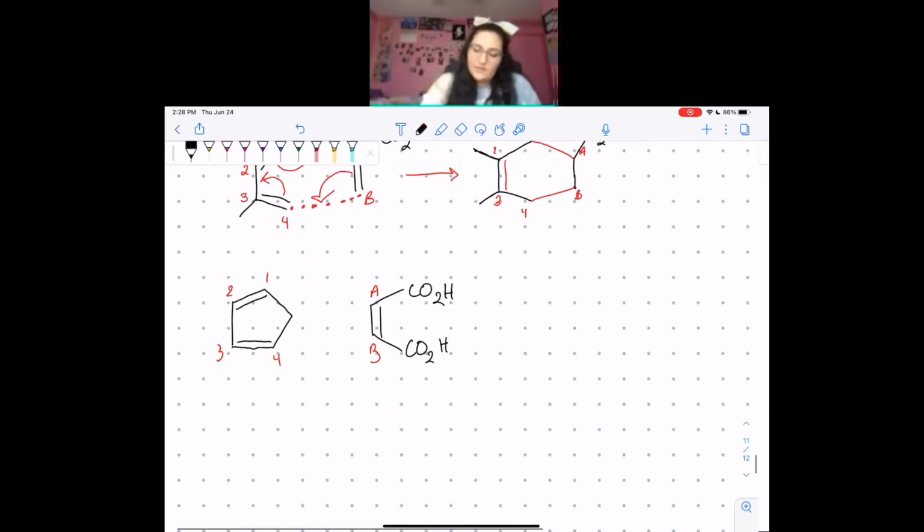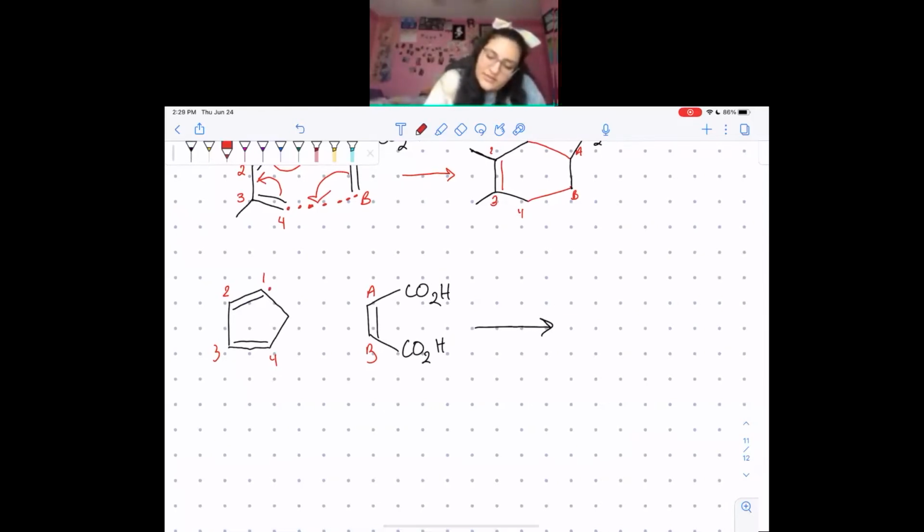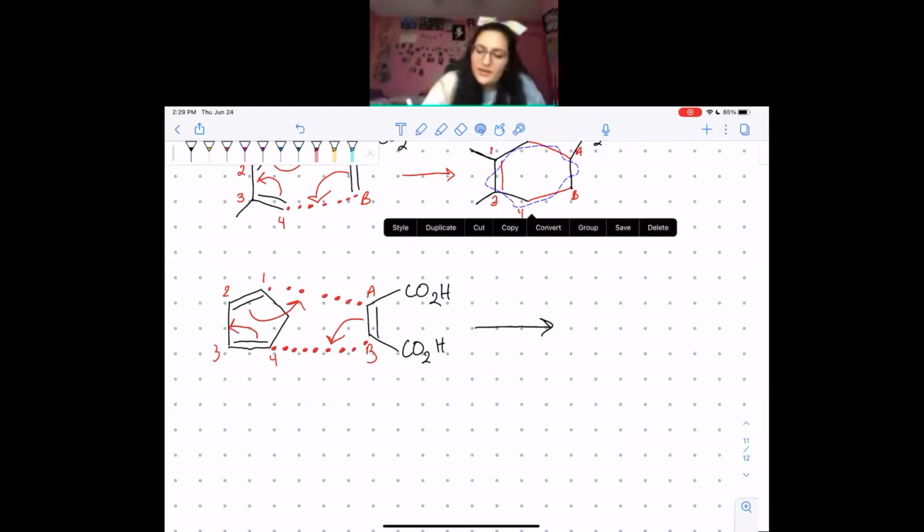So we go, boop. 1 is always going to go to A. 4 is always going to go to B. And so we go bam, bam, bam. And I'm going to steal this base so I don't have to draw it again. Haha.